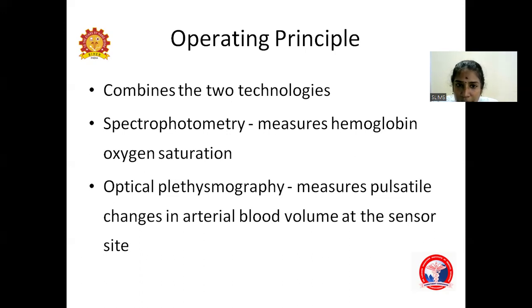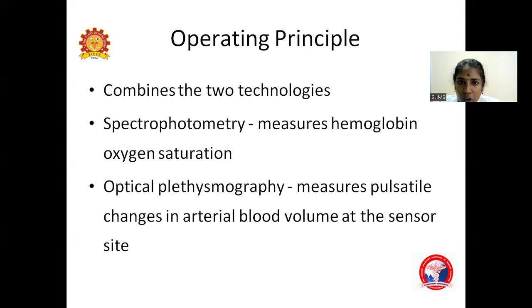So what is spectrophotometry? It usually measures the hemoglobin oxygen saturation, whereas optical plethysmography measures the pulsatile changes in the arterial blood volume at the sensor site.